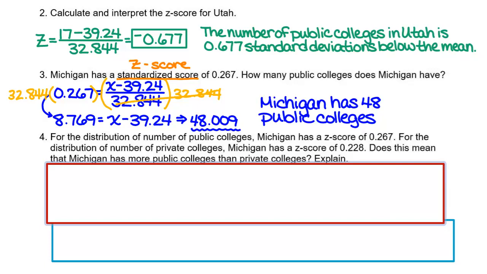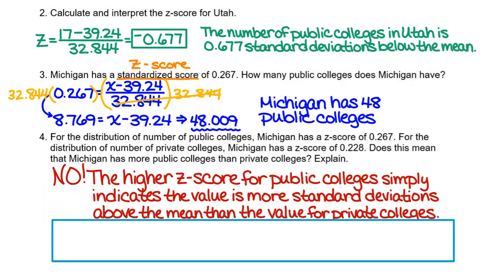Remember, this number right here is telling us compared to the other states, where do they place in number of public colleges? This number down here tells me compared to the other states, where do they fall? It's not giving me an exact number here. And without the mean and the standard deviation, I can't find the number. I can't figure out how many private colleges they actually have. Higher z-score simply indicates the value is more standard deviations above the mean than the value for the private colleges.